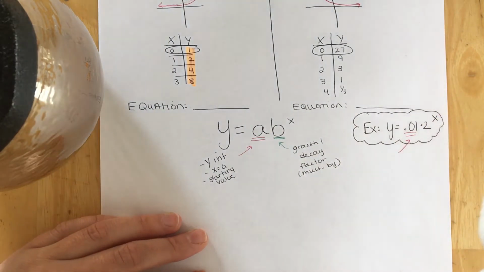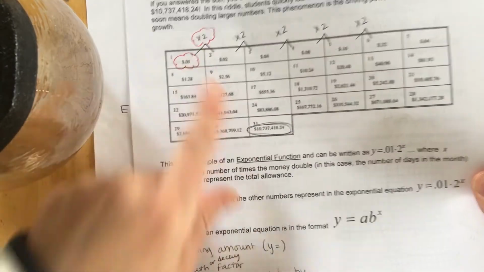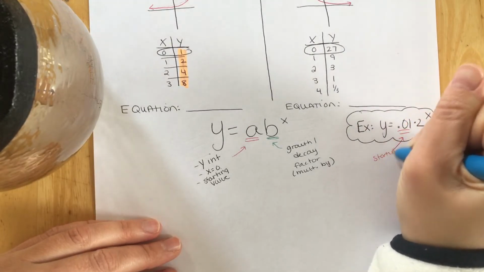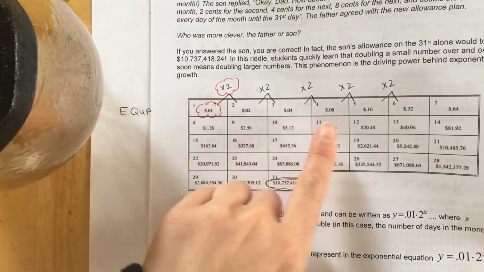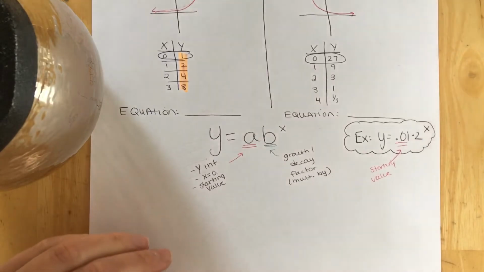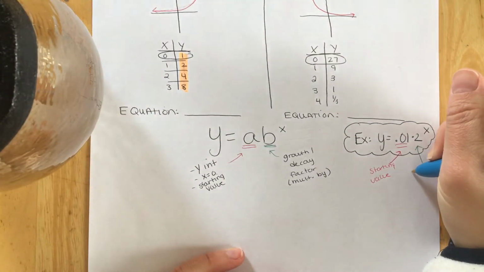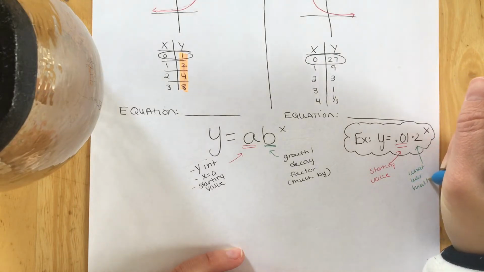That's how much the boy said he would start with, right? He said, okay, give me a penny to start with. So that's his starting amount. 0.01 was the starting value. And 2, if you remember, is what we multiplied by. He doubled, right? And you multiply by the same amount. So 2 is what he multiplied by. That's his growth factor.